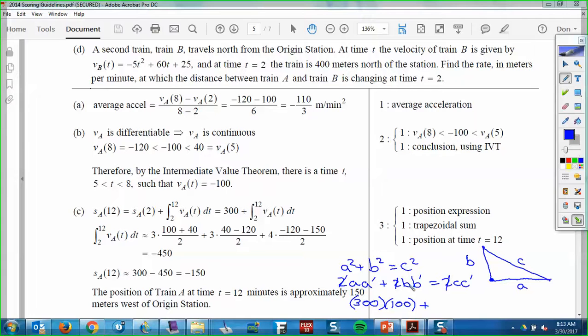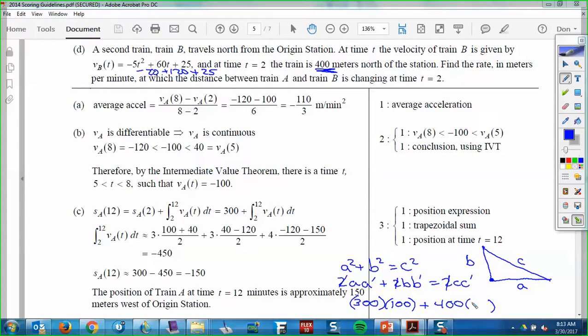Plus B. They just told us that was 400. And then B prime. You got to plug it into the formula here, right? Plug a 2 in there. What's that? Negative 20 plus 120 plus 25.